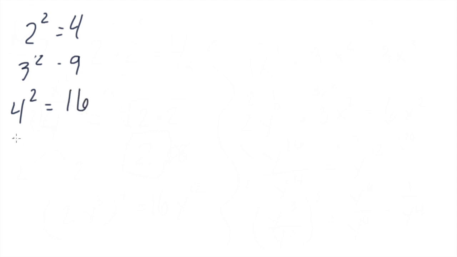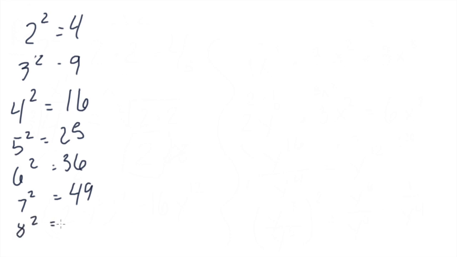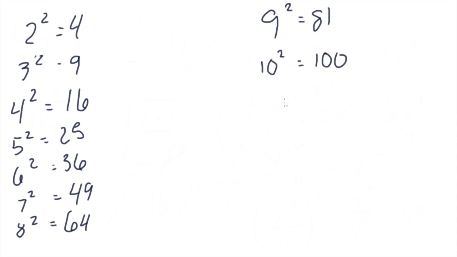So we know that some of the most common perfect squares we're going to use are 2 squared, which is 4, 3 squared, which is 9, 4 squared is 16, 5 squared is 25, 6 squared is 36, 7 squared is 49, 8 squared is 64, 9 squared is 81, 10 squared is 100, 11 squared is 121, and 12 squared is 144.